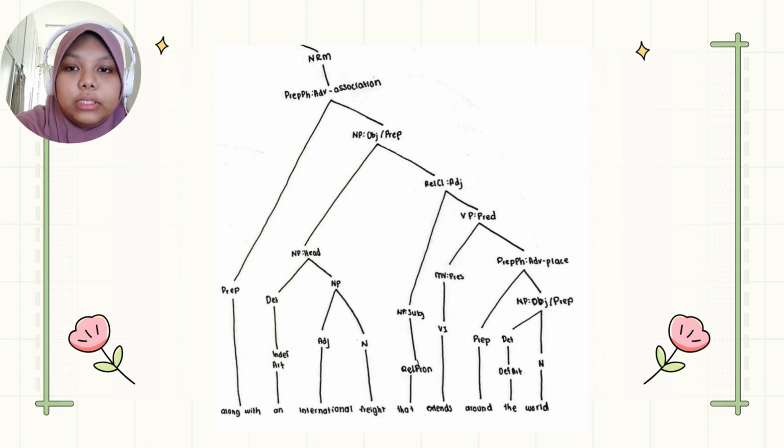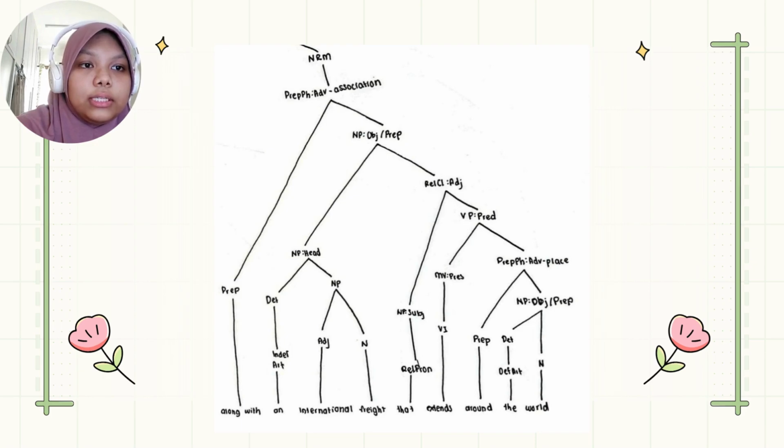An is a determiner, so we put it under determiner, under the indefinite article. So we have indefinite article and definite article under determiner. And then we have a noun phrase here, international freight, where international functions as an adjective for the noun freight. And then we have here the relative clause.